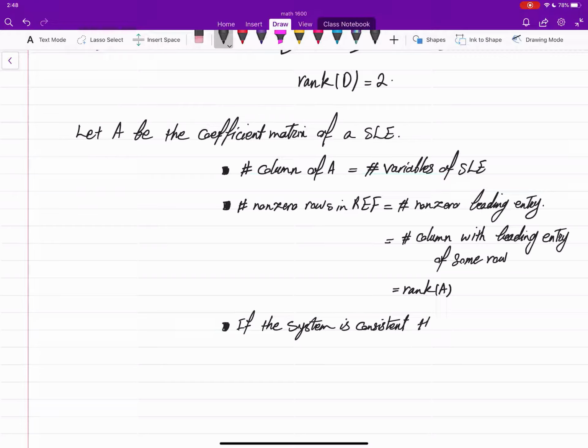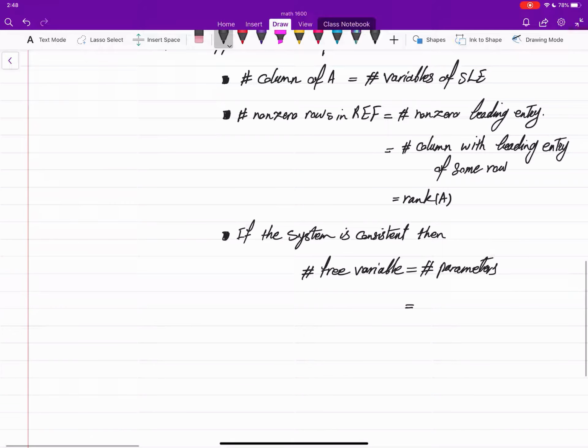Then the number of free variables, most of the time I mention this as the number of parameters in the solutions, is equal to the number of columns without a leading entry.